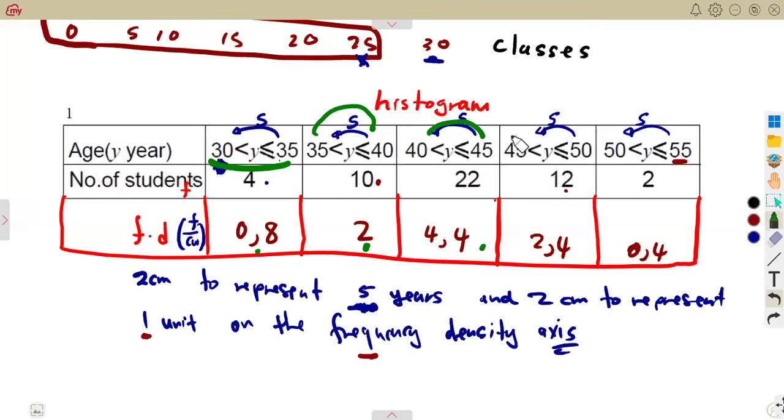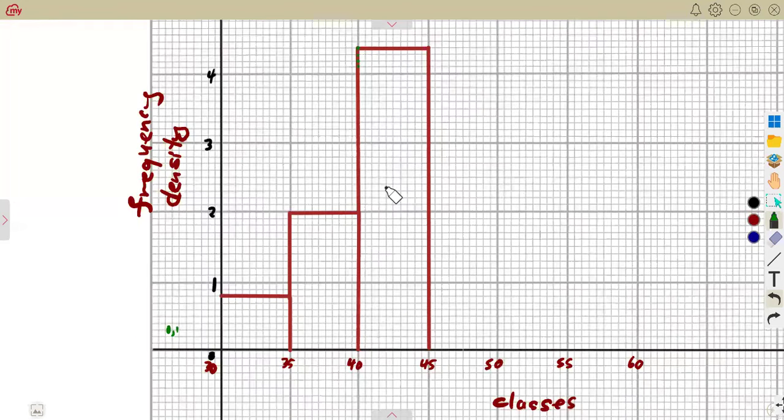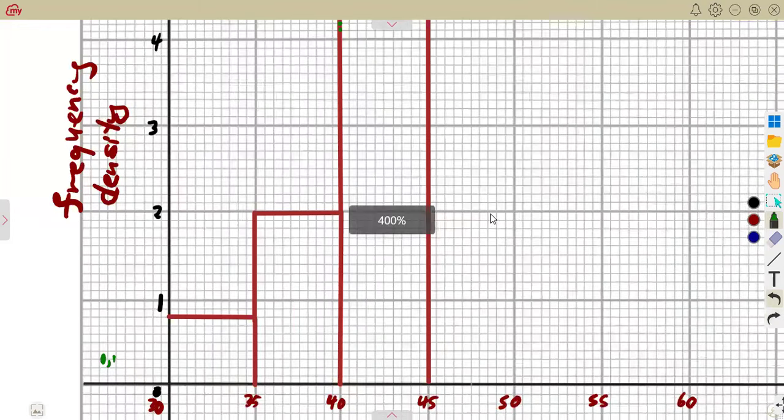Let's see the other class, 45 to 50 versus 2.4. This is 2, but 4 boxes going up at 2. You're supposed to have 1, that's 2.1, 2.2, 2.3, 2.4, somewhere there.